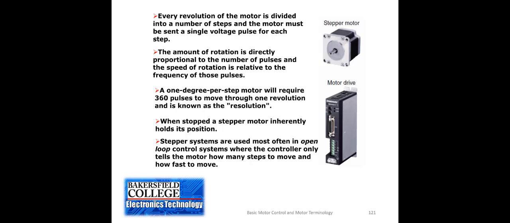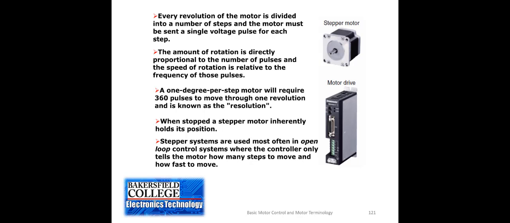When you buy a stepper motor, you're going to buy it with the voltage and current or resistance setting, but you're also going to see how many degrees per step. So if I take a stepper motor that requires 60 steps for a complete rotation, then I take 360 degrees divided by 60 steps per rotation, and that gives me how many degrees per step.